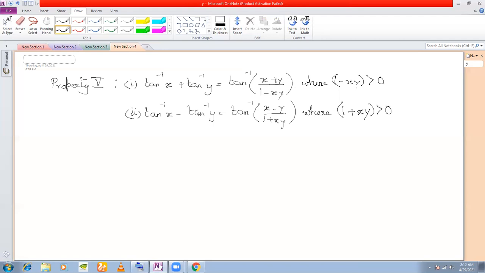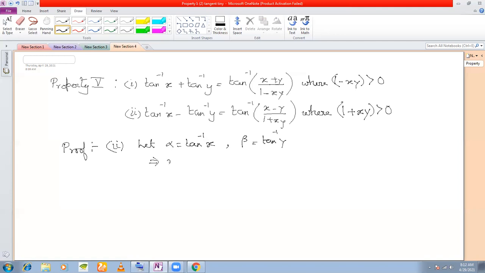Now I'll discuss the proof of the second one. We need to prove that tan inverse x minus tan inverse y is equal to tan inverse of (x minus y) by (1 plus xy). I start by saying let alpha be equal to tan inverse x and beta be equal to tan inverse y.